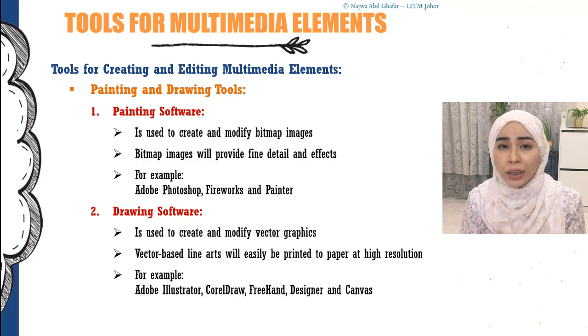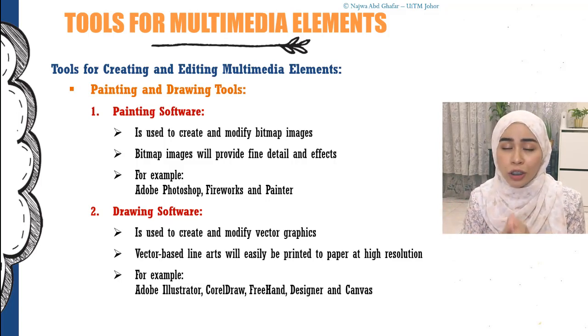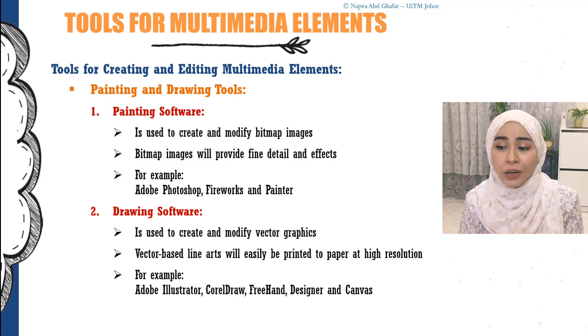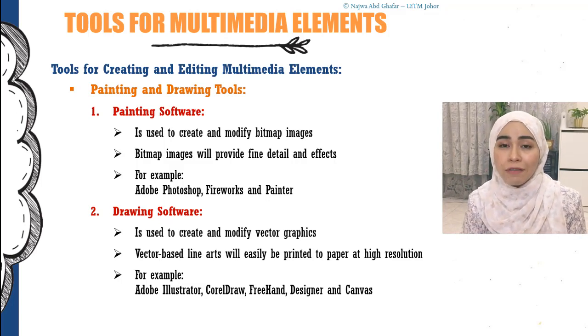But if you want to create vectors, the best software to do that is a drawing software. Inside there you can create vectors. If you want to draw something, that's why it is called drawing software. An example is Adobe Illustrator. You have CorelDRAW, Freehand, Designer, Canvas, and so on. These can be used to create vectors.